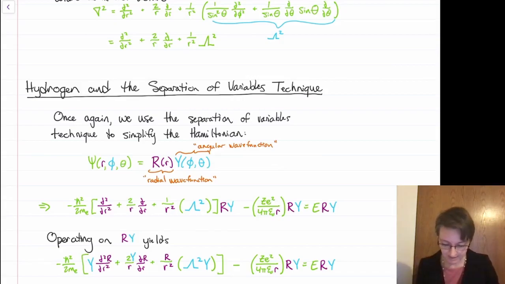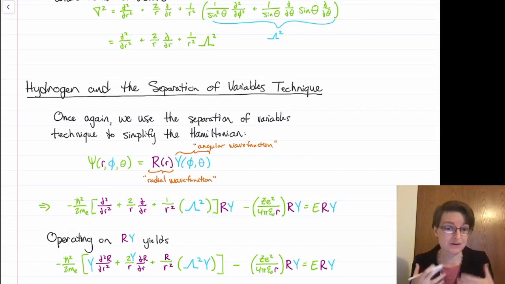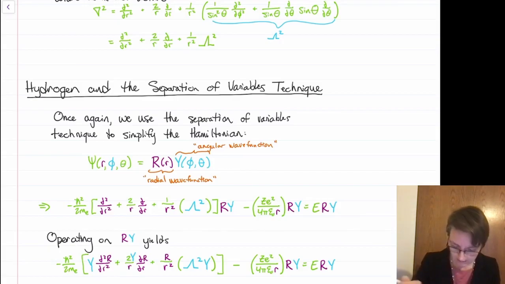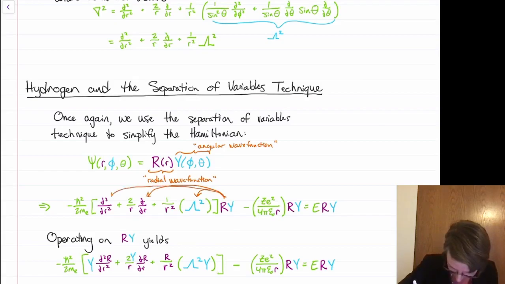And so my first step, in order to clean this up and make it more obvious what I'm allowed to multiply and divide by, or in other words, so I can make this obey the commutative property, I'm going to take all of my radial wave function and apply it to each term inside my operator, and then I'll do the same thing to my angular wave function. So for the radial wave function, I'm going to go right to left.